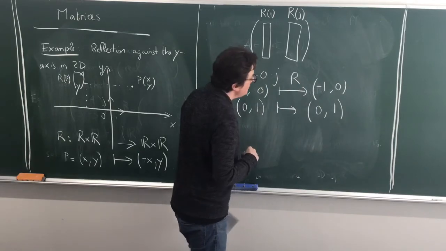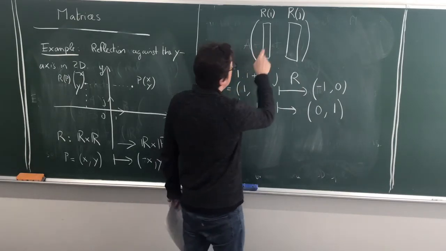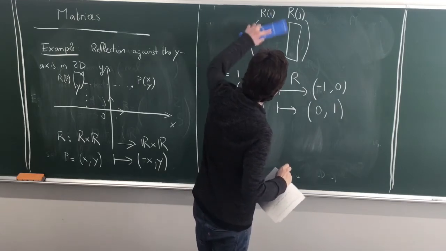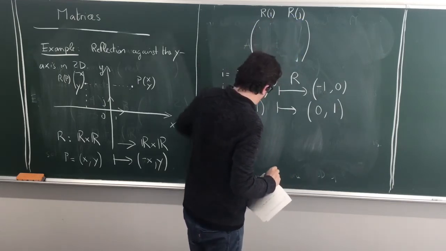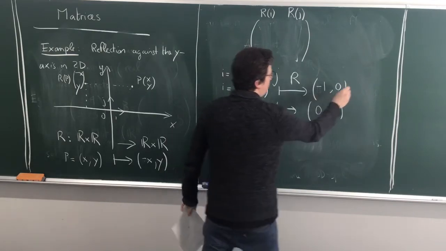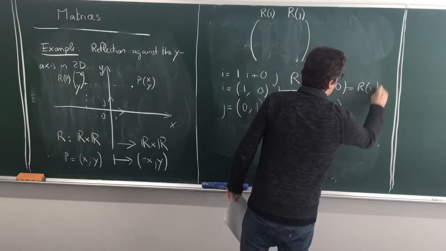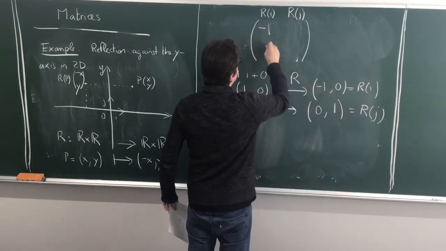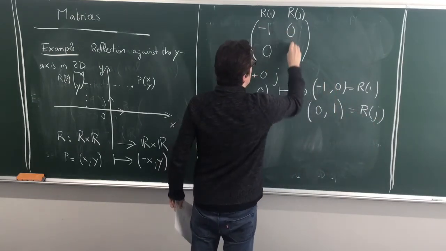Okay? So basically, my matrix here will be the following. In the first column, I put the coordinates of R of i, and this is R of j. So I get -1, 0, and here I get 0, 1.